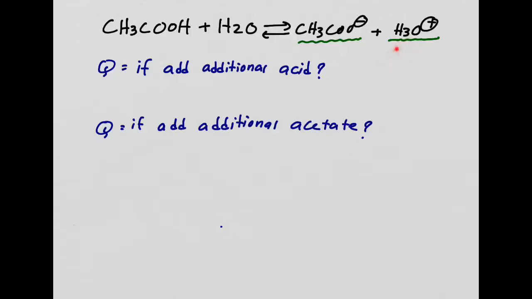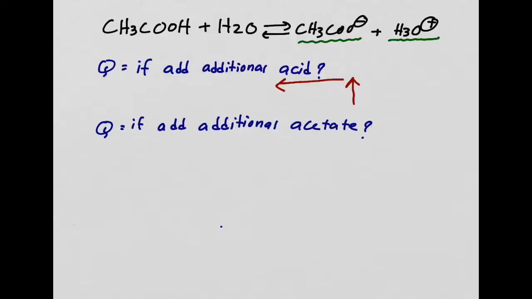I'm adding more of this, the equilibrium would shift to the left, so it could use up the hydronium to reach equilibrium. So if I end up adding more acid, which is hydronium, and hydronium is on my product side, it will shift to the left. It will shift to the reactant side, to balance equilibrium out.